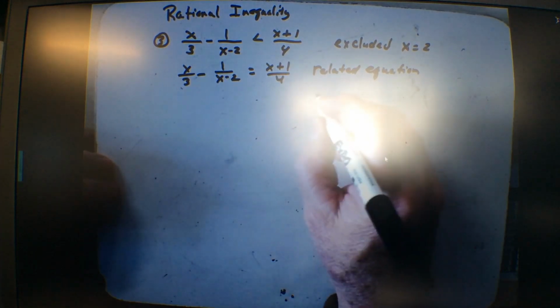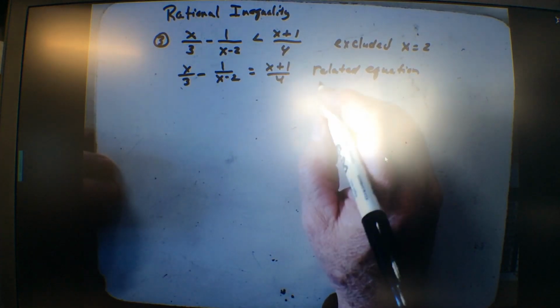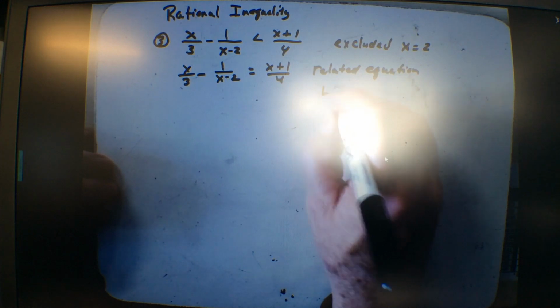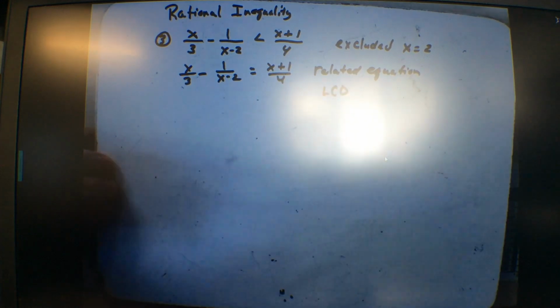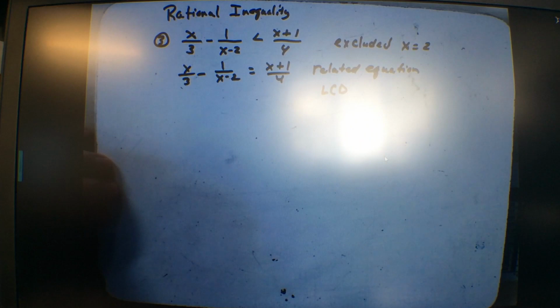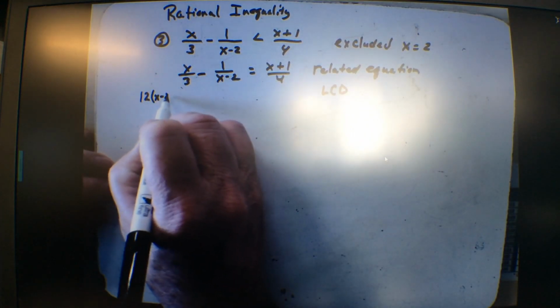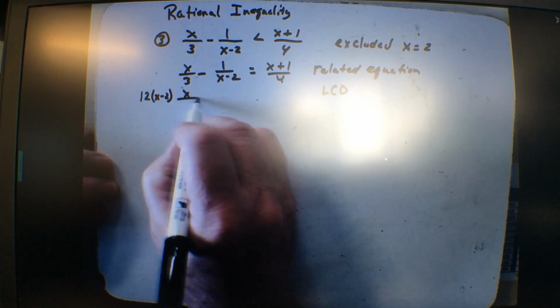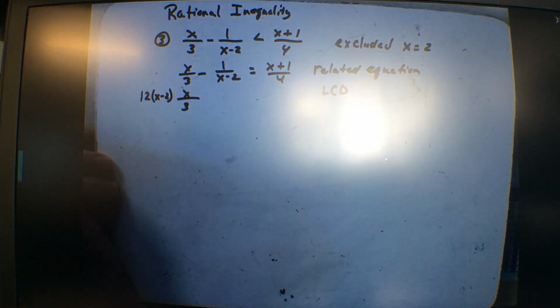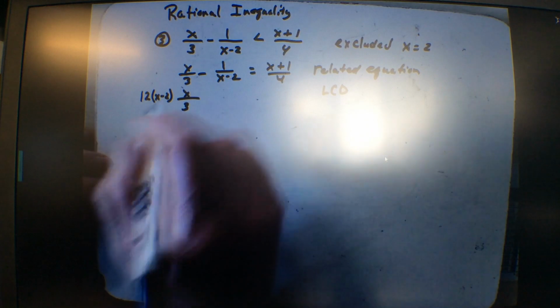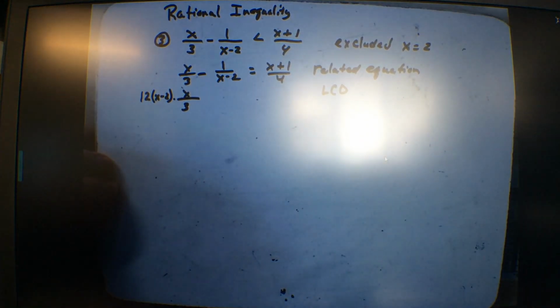Now we multiply by the least common denominator, just like we did before. So we multiply by the LCD, which is what? 12. Why is it 12? Because you have a 3 and a 4, and the multiple between 3 and 4 is 12.